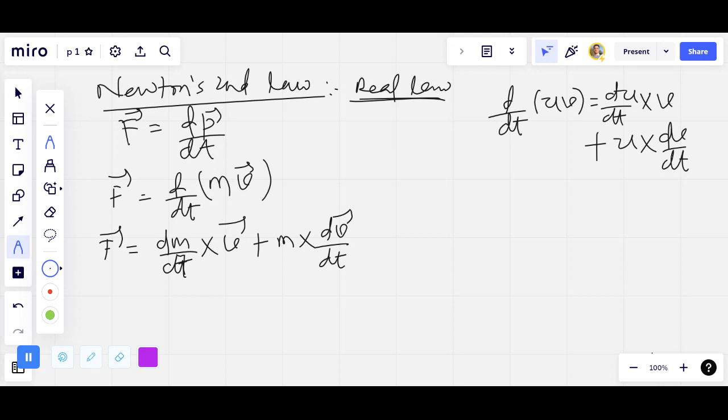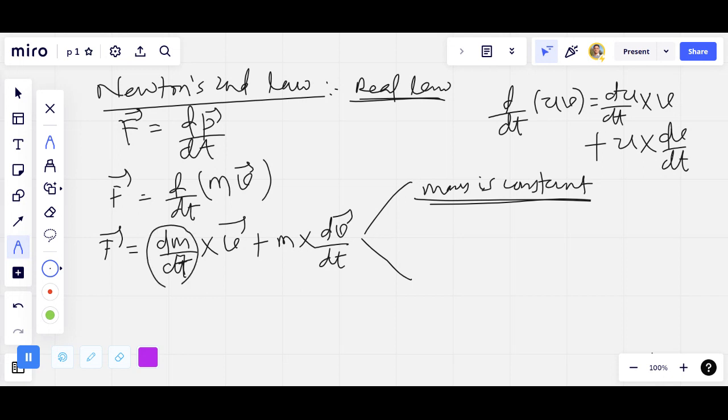From here we can consider two cases. One is when mass is constant. From the formula of derivative, the derivative of a constant quantity is 0. So when mass is constant, dm by dt will be 0.